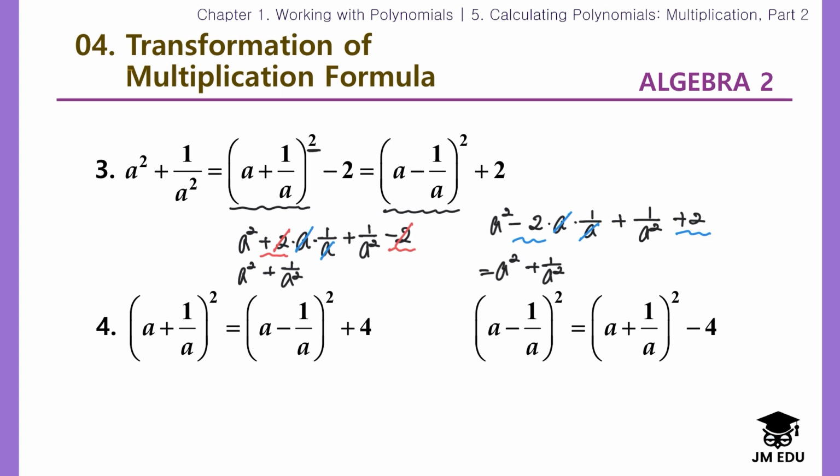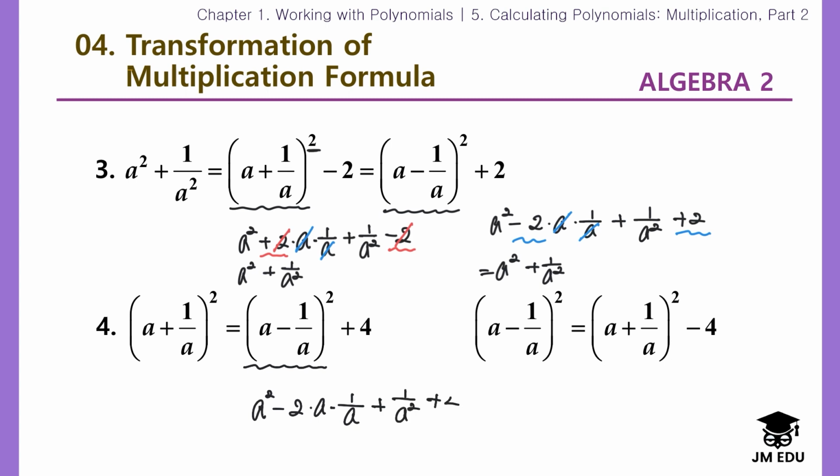Okay, let's look at number 4. (a + 1/a)². This binomial square is (a - 1/a)² + 4. Okay, we're going to expand this. That's binomial square, a² minus 2 times first term times second term plus second term square.